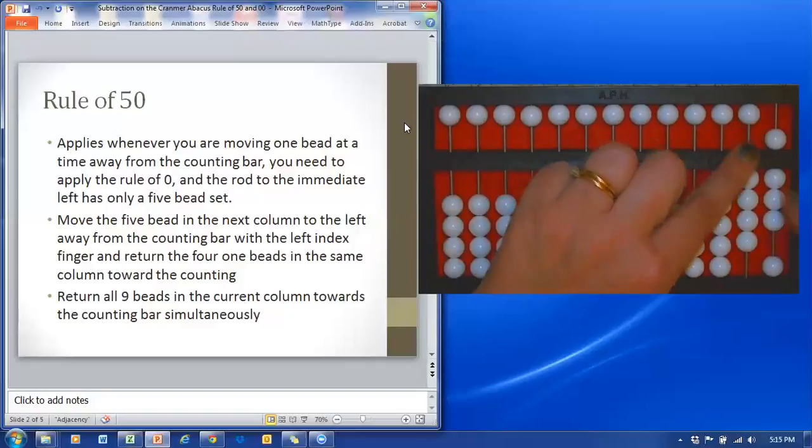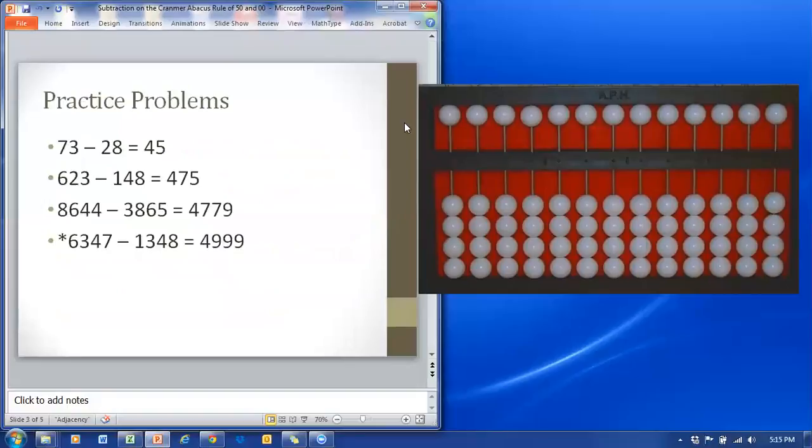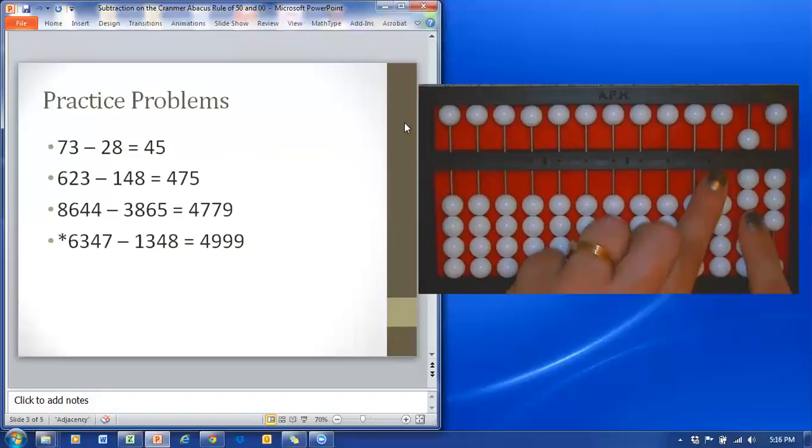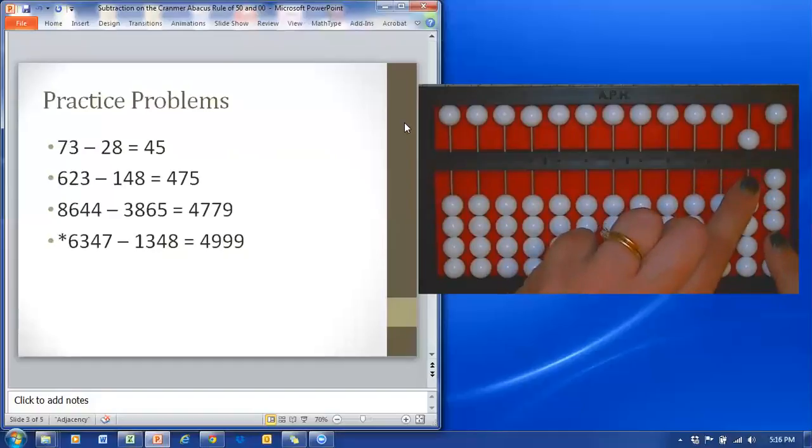Let's look at some examples of where this might occur. The first example we're going to look at is 73 minus 28. To subtract 28, I'm going to go ahead and subtract my 2 10s. And now we're going to subtract 8 1s. So in the ones column, I'm going to move 1 away, 2 away, 3 away.